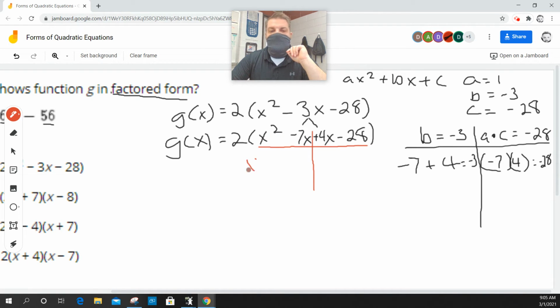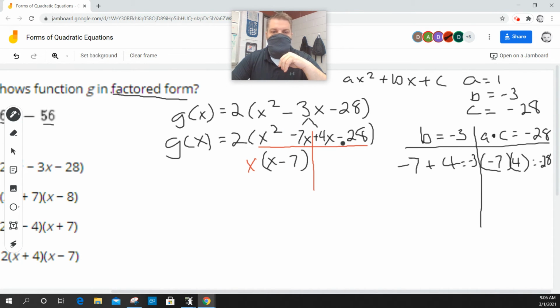So I can factor out an x, okay? x times x gives me my x squared, right? And then x times negative 7 gives me negative 7x. So if I factor out 1x, I have to multiply x times x to get my x squared, and x times negative 7 to get negative 7x.